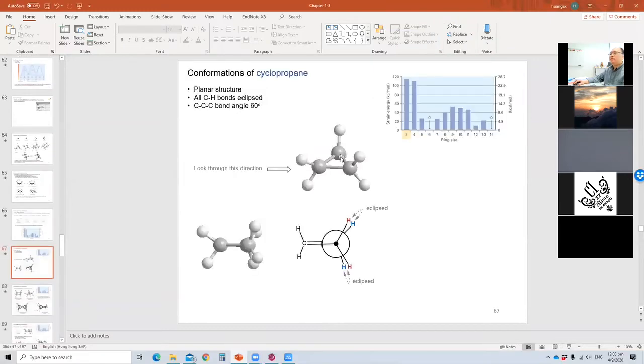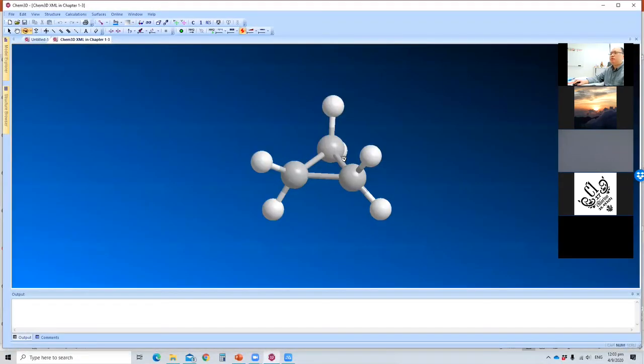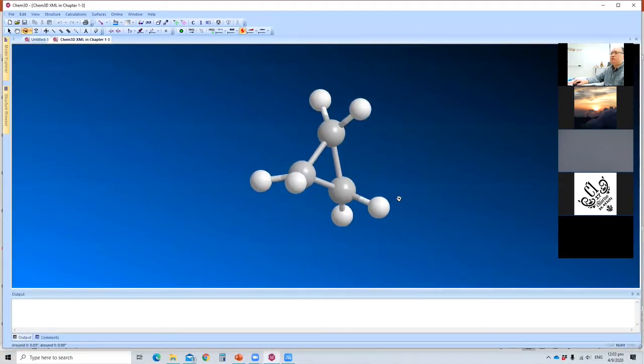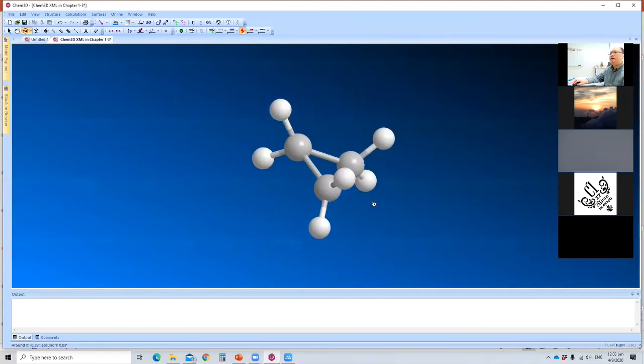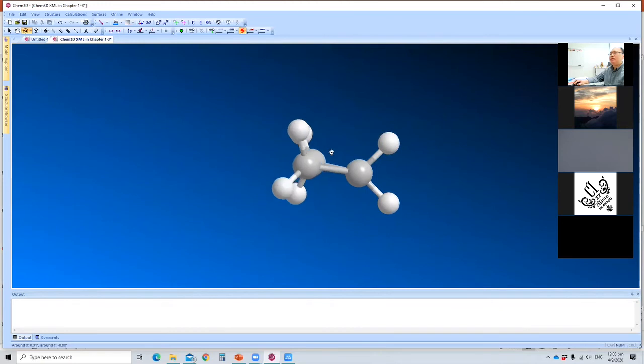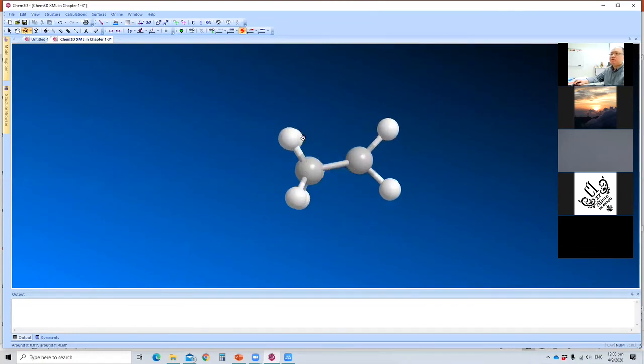Let's make it clear by seeing the structure in 3D mode. You can see these 3 carbons are linked together in a planar structure. If you look at this CC bond, they are eclipsing with each other, all of them. If you look at this bond, 2 pairs. If you look at this bond, 2 pairs, right?